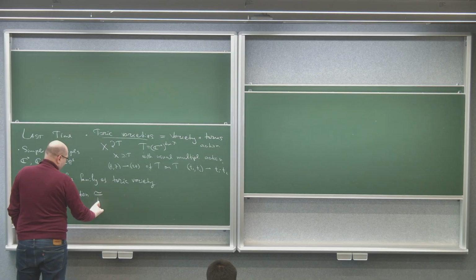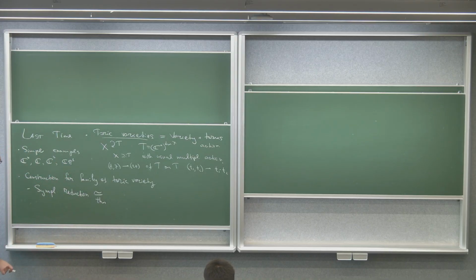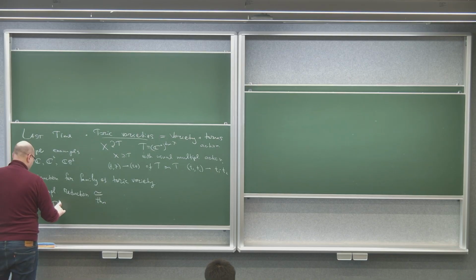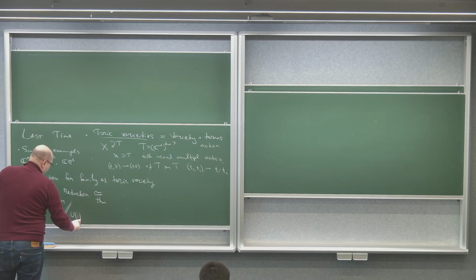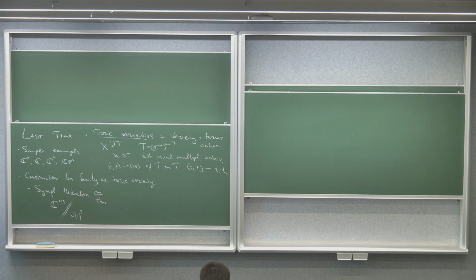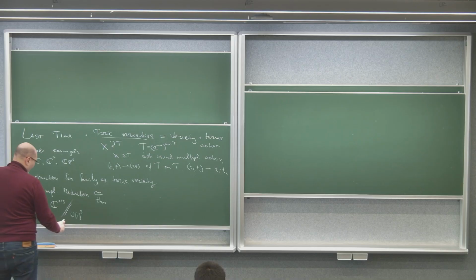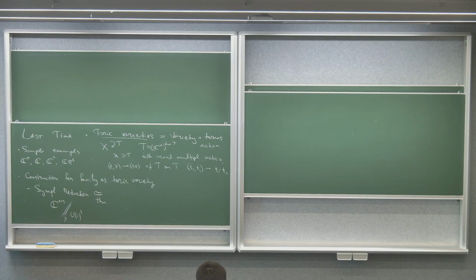There is a theorem that implies that if you perform a symplectic reduction of just flat complex space, C to the n plus s copies of complex numbers, modded out by a U1 action that acts by phases on these variables with some weights, and we perform this reduction at a regular value of a moment map, we will get some variety X mu, which will be a toric variety.